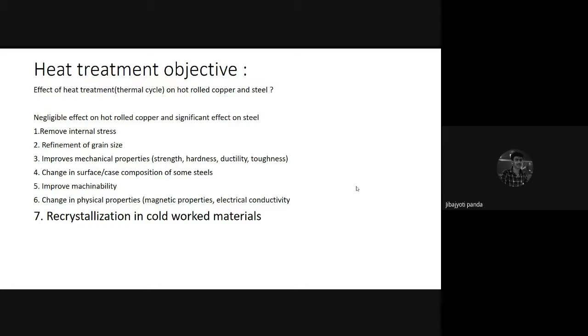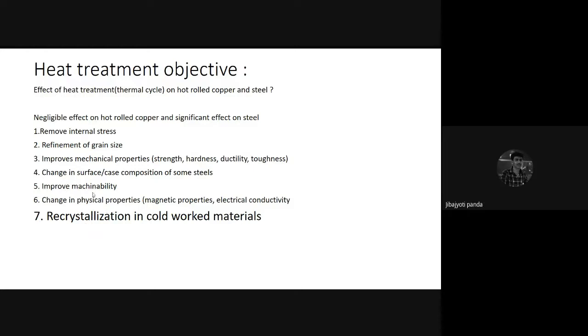Now we'll discuss the heat treatment objective. So what is our objective? Grain refinement, removing stresses. Sometimes recrystallization of cold worked material.